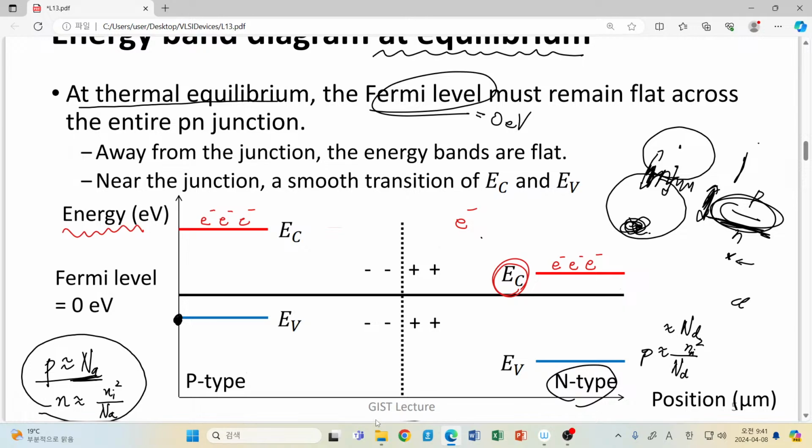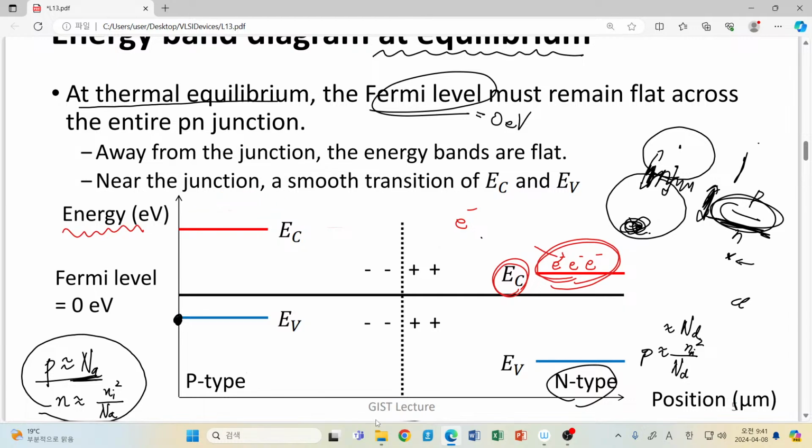If you can choose, then obviously, since this is more lowly energetically placed, electrons will first try to occupy this part, and with lower probability, it will occupy this highly doped region.